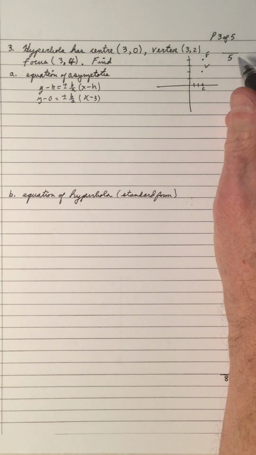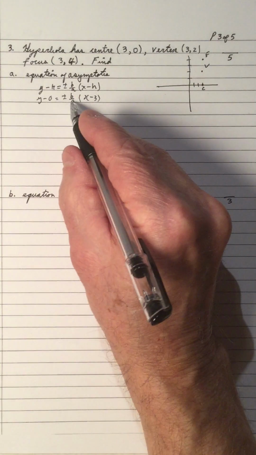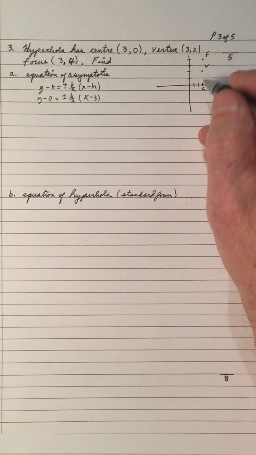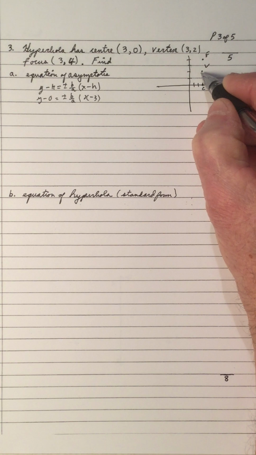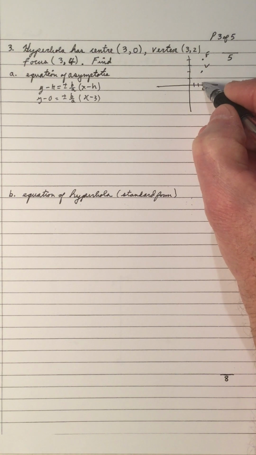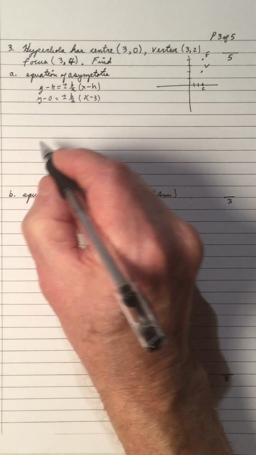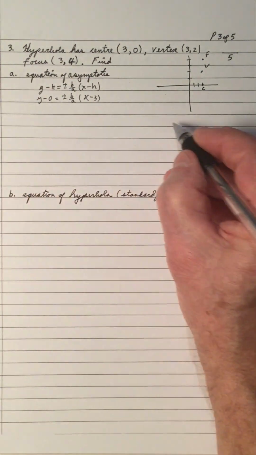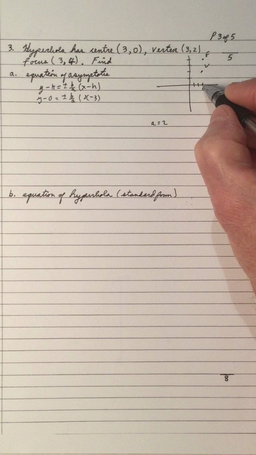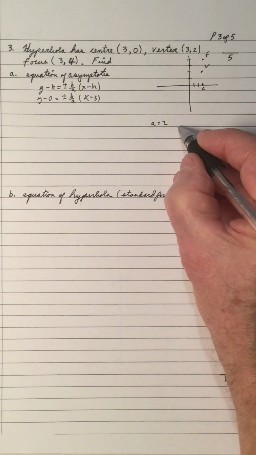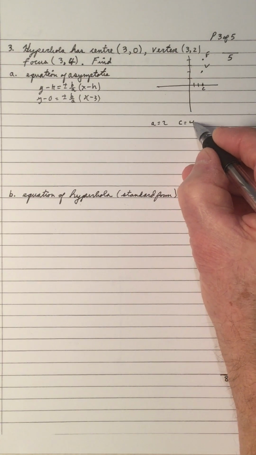So what we need is the a and the b. From the center to the vertex is 2 units. So that means a is 2. And from the center to the focus is 4 units. So that's c is 4.